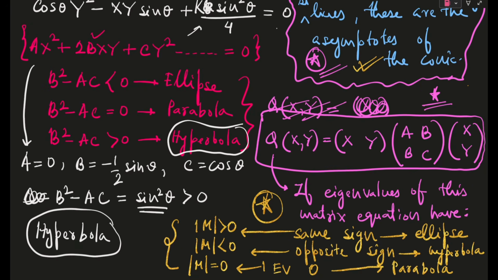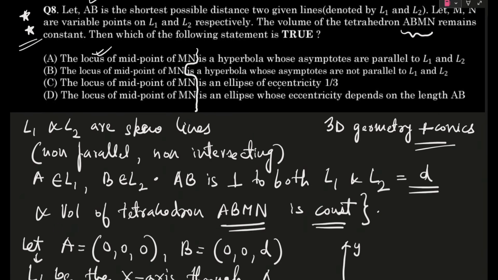So now let's see the question once again, because the question has not ended yet, there is something else. If you see, our options A and B are both hyperbola. Now there is one additional condition, that the asymptotes of the hyperbola are parallel to L1 and L2 and not parallel to L1 and L2. So I guess we need to study the asymptotes also. So let's do that.